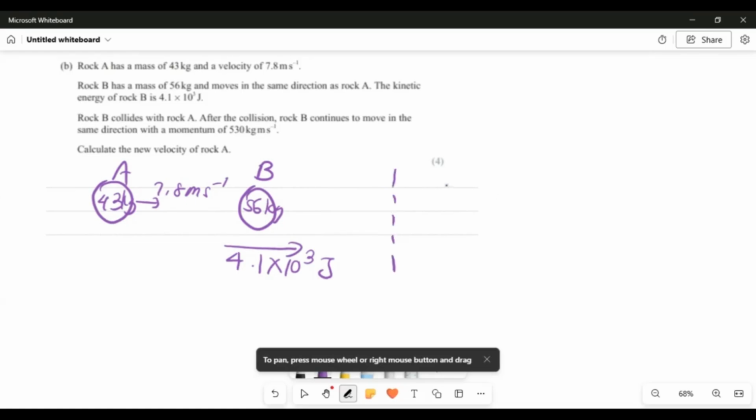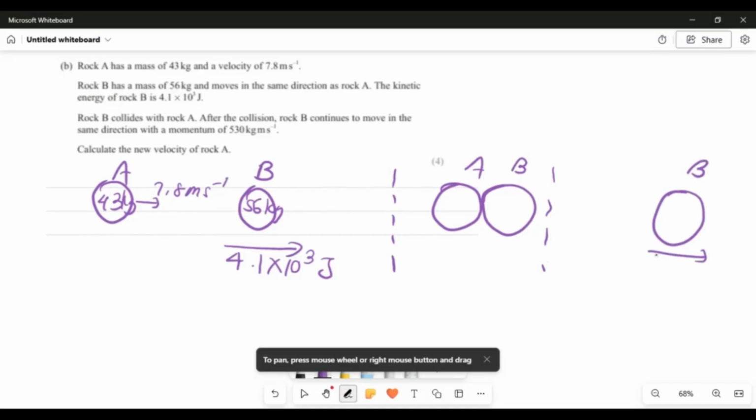So they are saying that rocks A and B collide with each other, and after the collision, rock B moves in the same direction with a momentum of 530 kilogram meters per second. We are asked for the new velocity of rock A, and we don't know the direction of motion of rock A either. We shall try to solve this problem.